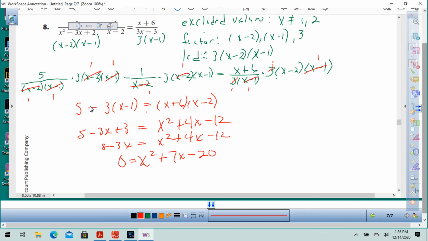Let's see, that's 5 times 3, that's 15. So that should have been 15 there, so that should have been 18, I believe. 18 minus 3x.